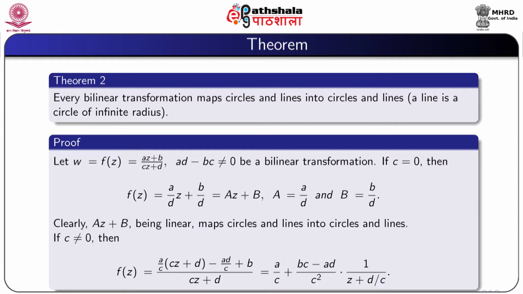Clearly, Az plus B, being linear, maps circles and lines into circles and lines.